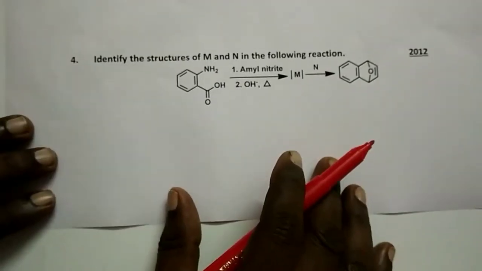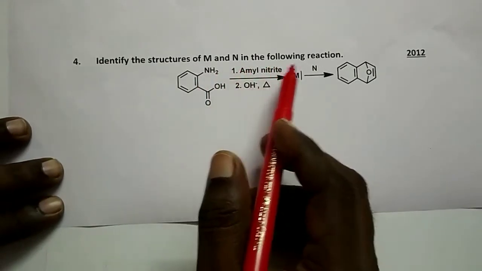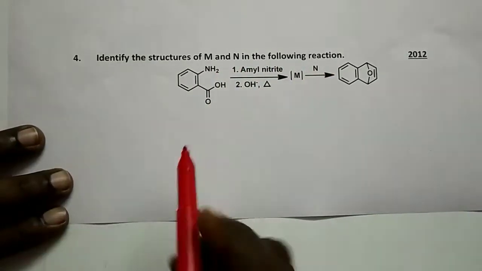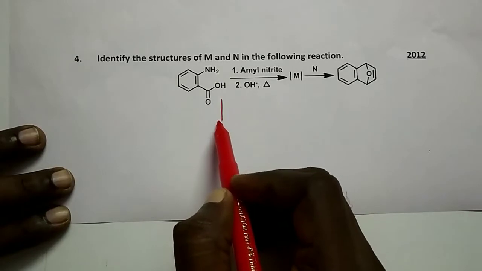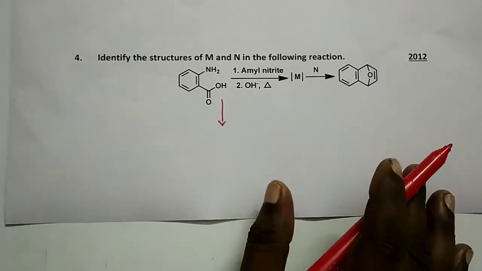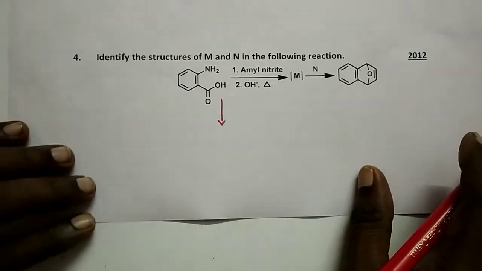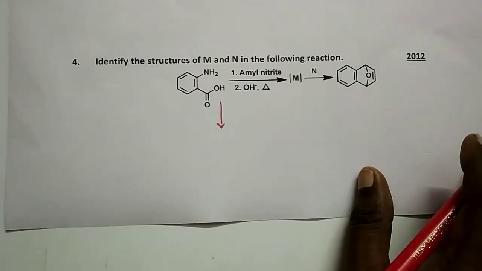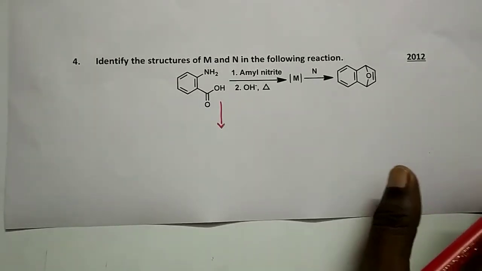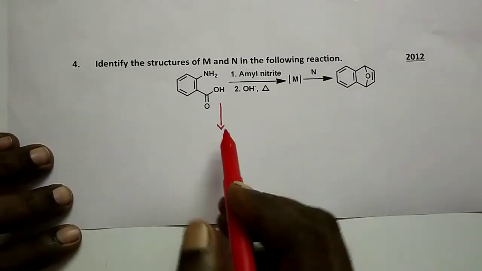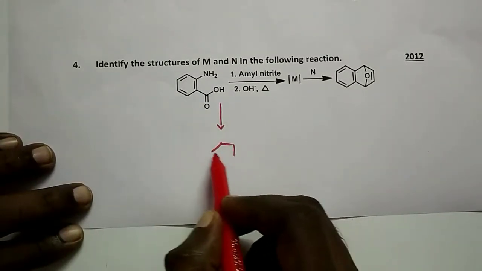Okay, and look at this one. Identify the structures of M and N in the following reactions. What is actually happening is amyl nitrite. Amyl means pentyl, pentyl nitrite. What is its role? It performs the role of NaNO2/HCl. That means diazotization.